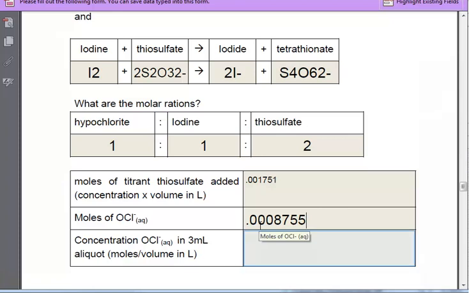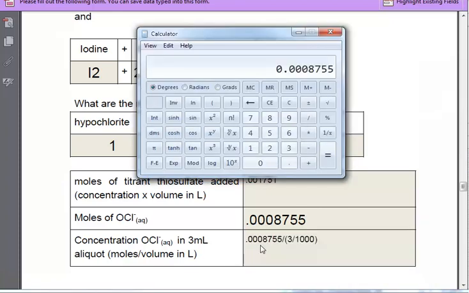The concentration of hypochlorite in the 3 mils, which is what you transferred in, is equal to the number of moles divided by the volume. So it's 0.000875 divided by 3 divided by 1,000. That's 3 in litres, so I've converted it to litres by dividing by 1,000. So let's do that calculation.